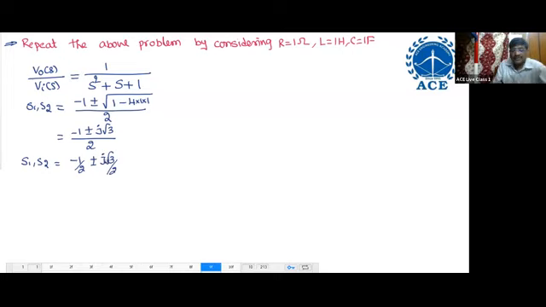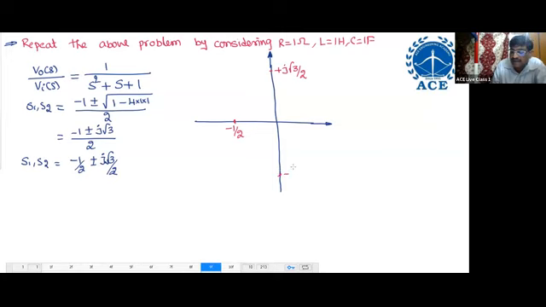Now locate the poles in the S-plane. Where are the poles? The real part is minus 1 by 2. The imaginary parts are plus j root 3 by 2 and minus j root 3 by 2.